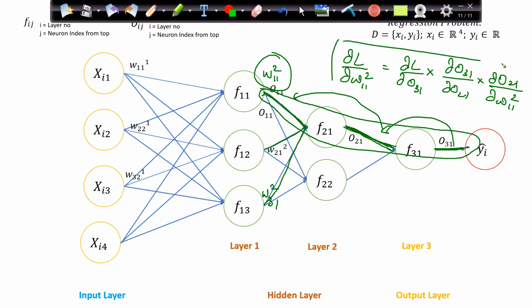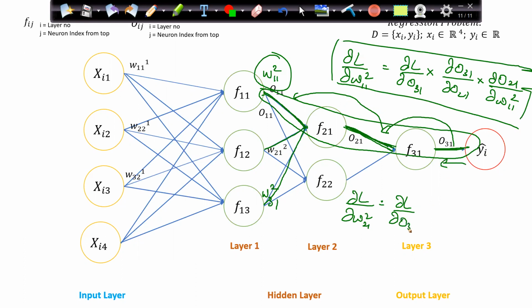Same way, for W212, I will have dou L by dou W212 is equal to dou L by dou O31, going back again, multiplied by dou O31 upon dou O21 multiplied by dou O21 upon dou W212.